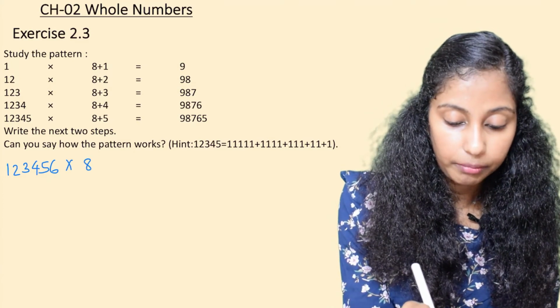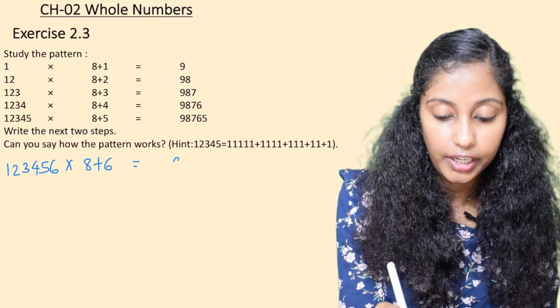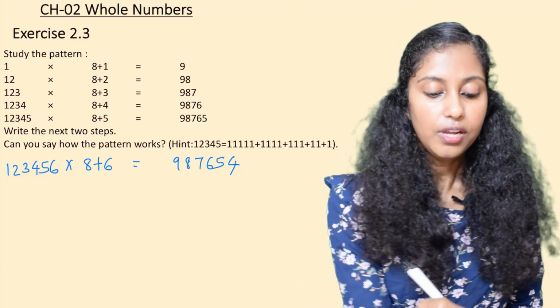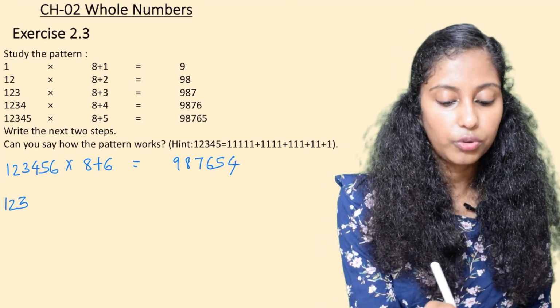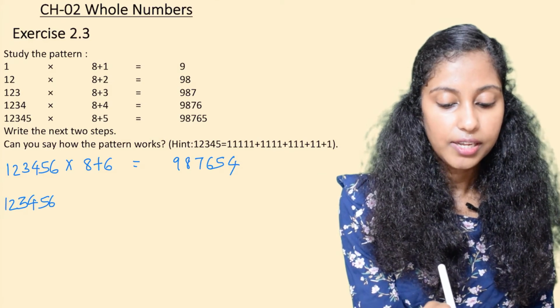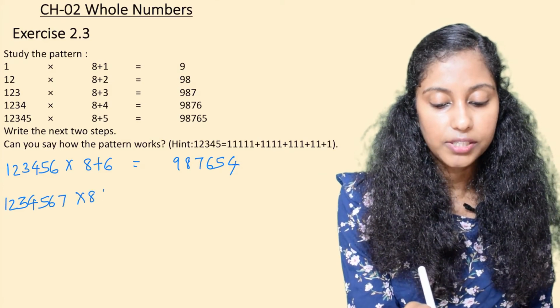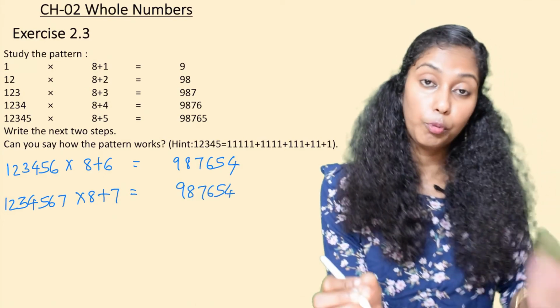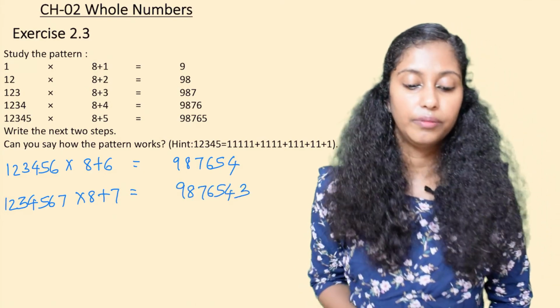So multiplied by 8 plus 6 is equal to here 98765, and the next predecessor of 5 is 4. Again one more step, 1234567. So into 8 plus 7 is equal to 987654, and one more predecessor is 3.